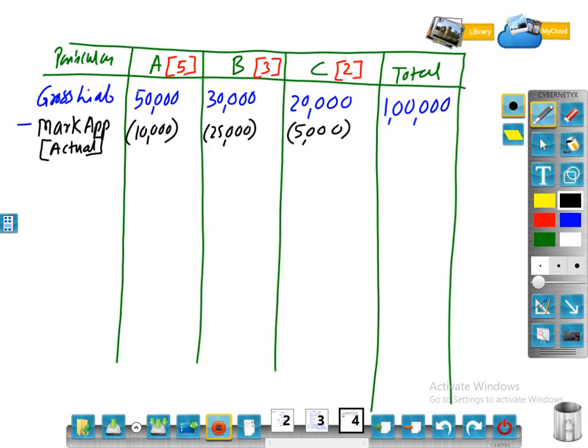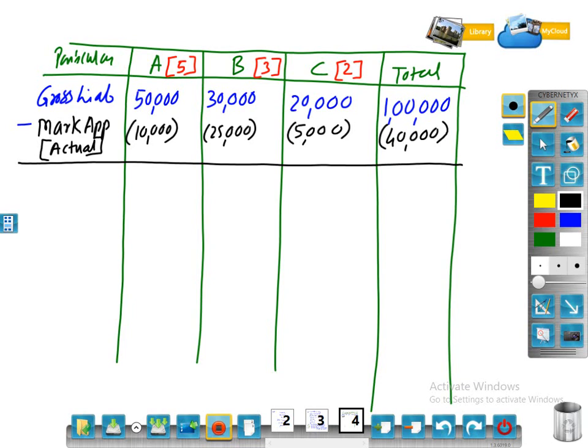A negative figure you have to write in brackets. So total 40,000.